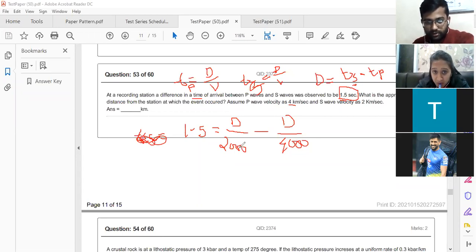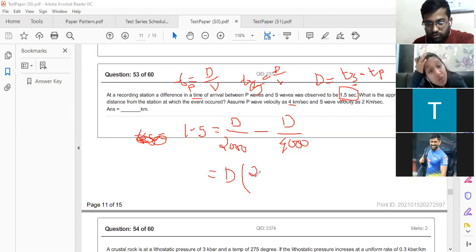Clear? So calculate this. Take the common denominator. So 4000, take the LCM or cross multiply, no issue.